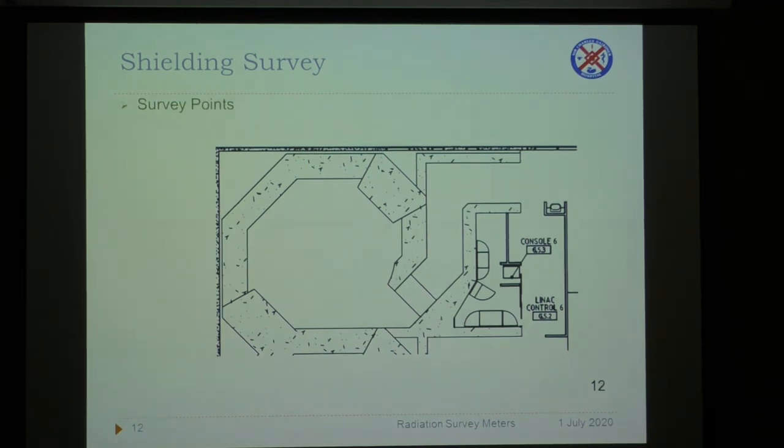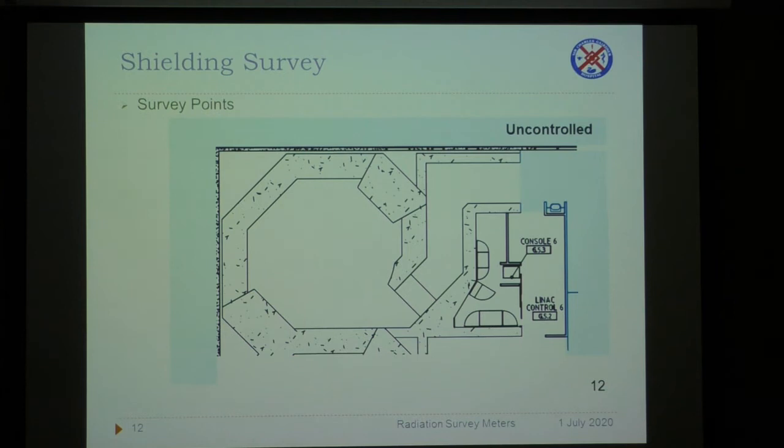So where do you want to survey your points? You survey at all the points you did your calculations at, when you calculated the required thickness of the bunker before you installed it. There are two types of areas.